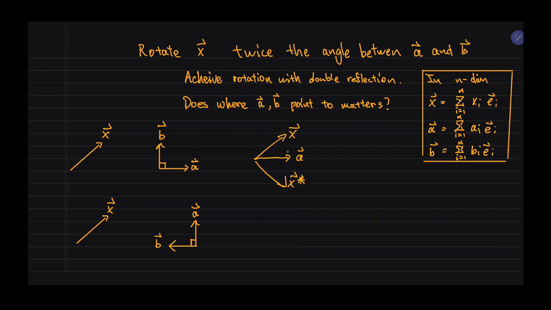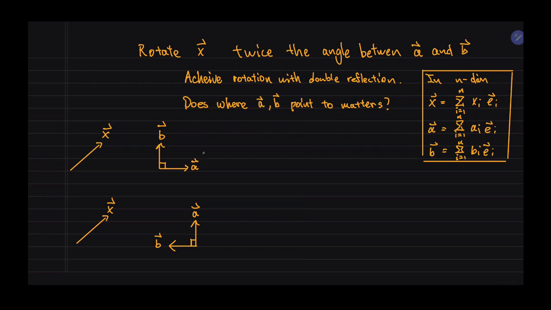So we are going to ask a question: can we actually achieve a rotation with a double reflection? Does where vectors a and b point to matter? Let us see what happens in a double reflection in a 2D case.